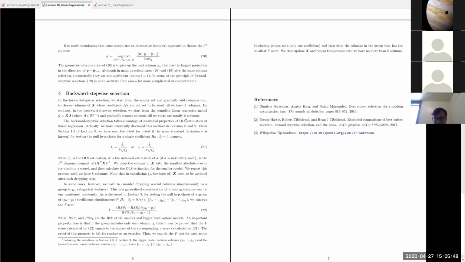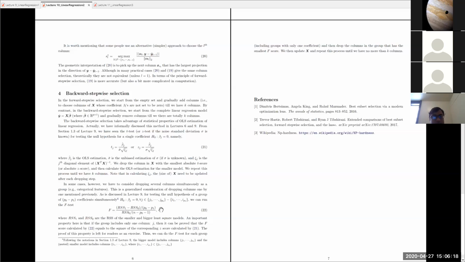By the way, here I said k columns inside means k x columns corresponding to the bj. Okay, the same. And in some cases, if I want to consider some variables as a category, as a group simultaneously, then I can use the f-test. First of all, when the group size is 1, meaning that only one variable in the group, it can be proved that the f-test is going to be the square of the score.